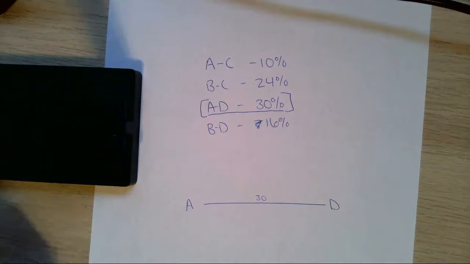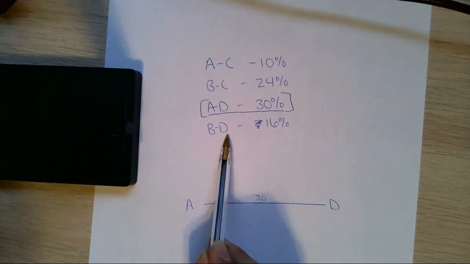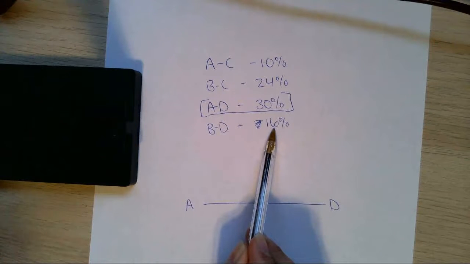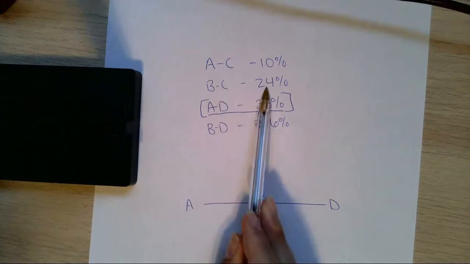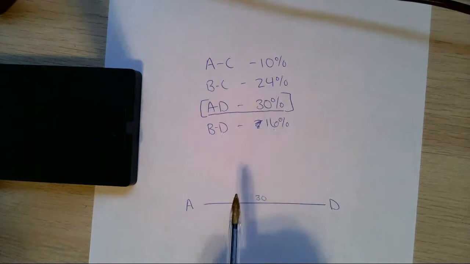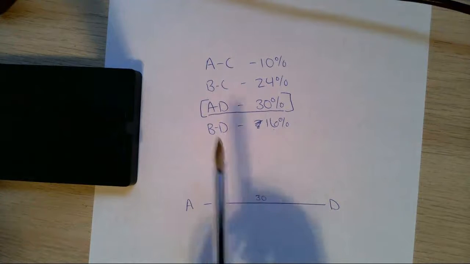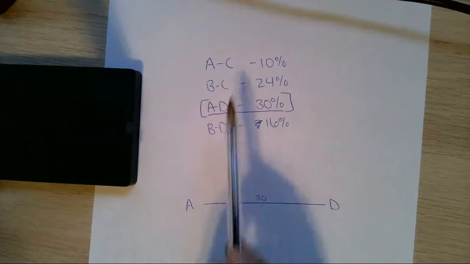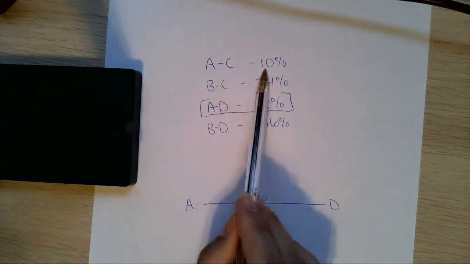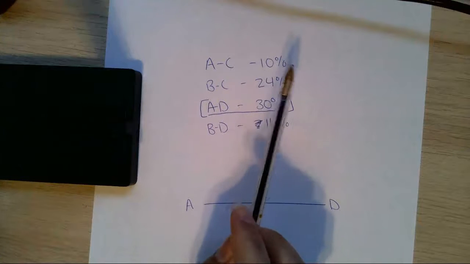Okay, so we know B and D are connected by 16%, and then B and C by 24%. That's pretty large, B and C, but I don't have either of those letters written down here yet, so I don't want to start with that because I don't know where B is yet, or C really. And then A and C are really close together, right? Only 10%.